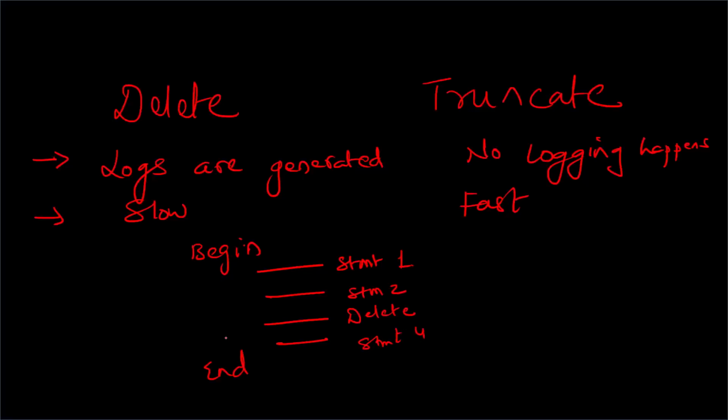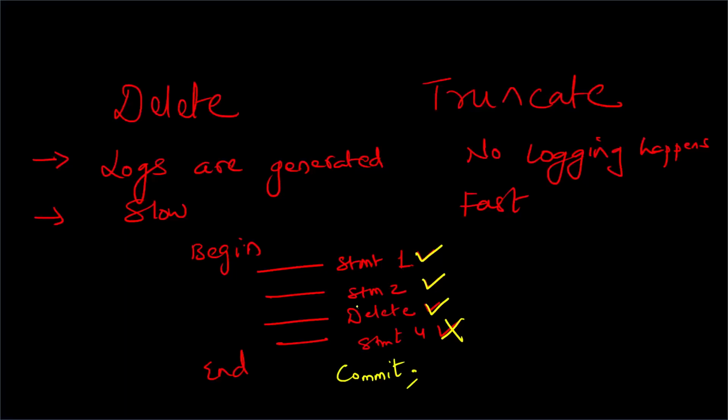And this block of code has to execute such that, because it is between begin and end, this entire block has to execute as one big statement, which means if this is success, this is success and this is success, only then commit should happen. Assume this has become success, this is success, this is success, and this statement fails.